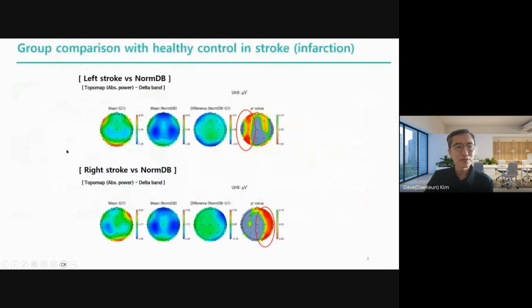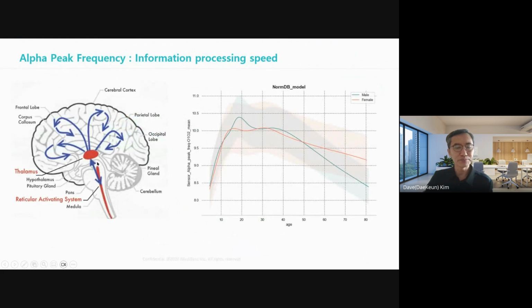I want to explain the alpha peak frequency. It shows the generation mechanism of the EEG rhythm. As you know, the alpha frequency is made by the thalamo-corticothalamic oscillation, paced by thalamic oscillation. The big alpha amplitude comes from this kind of pacemaker activity of the thalamus. Many neural oscillators, synchronously fired by a thalamus pacemaker, make this kind of alpha rhythm, a very big synchronous rhythm.